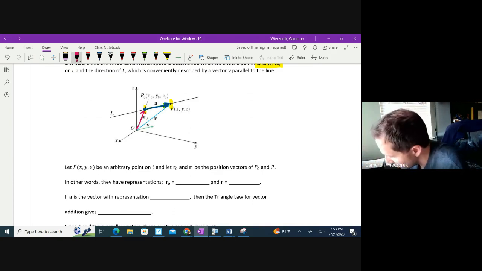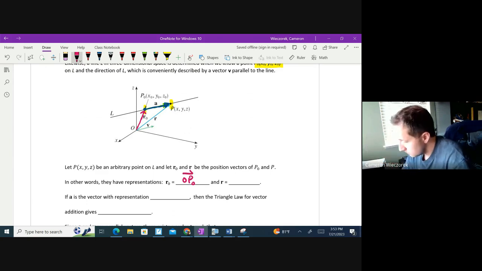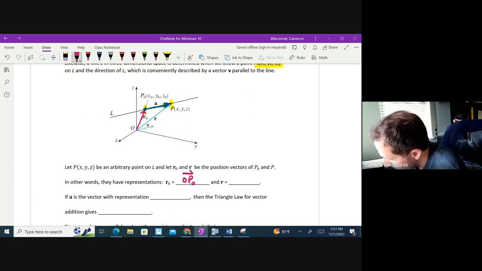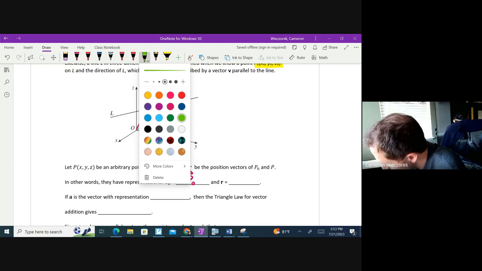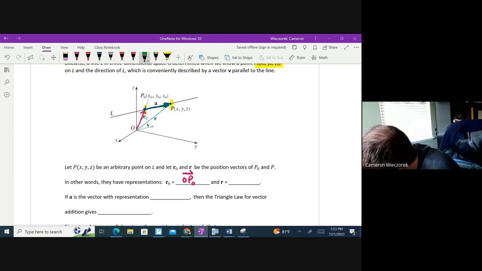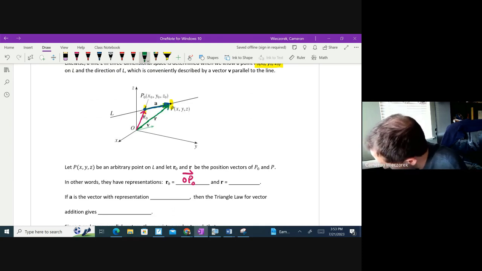And so that vector could be represented as OP naught. And if I connect another vector, let's do maybe a darker green, from the origin to that final point, that arbitrary point P, that would be represented by OP.